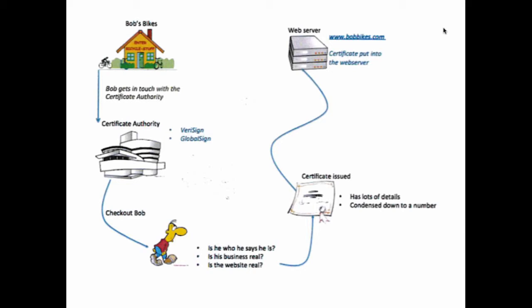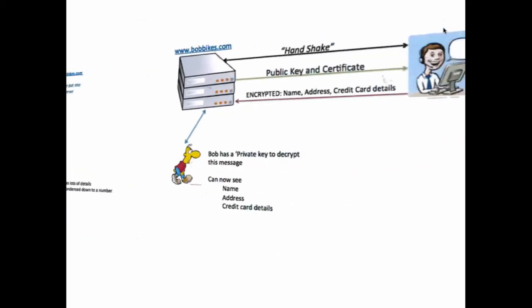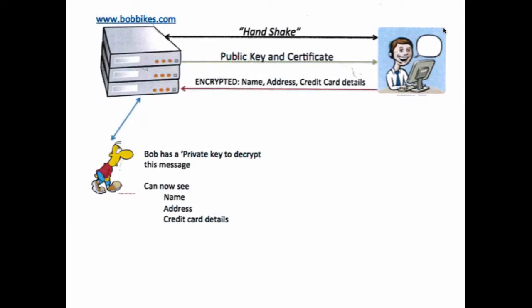Not a paper certificate, but a certificate that is represented by a long string of numbers. These numbers are a condensed version of Bob's various details. This certificate is put into Bob's web server. Now, with this digital certificate in place, Peter can make contact with Bob's website.